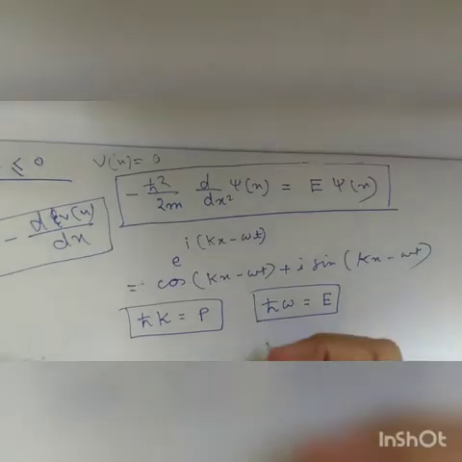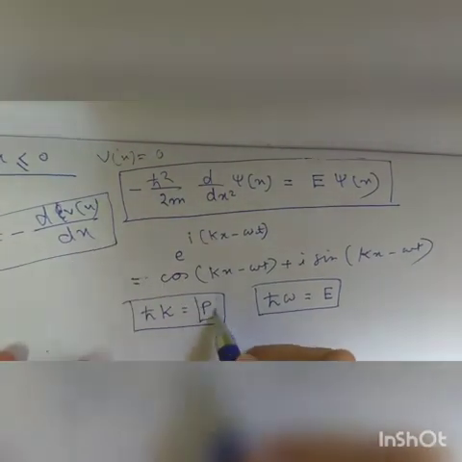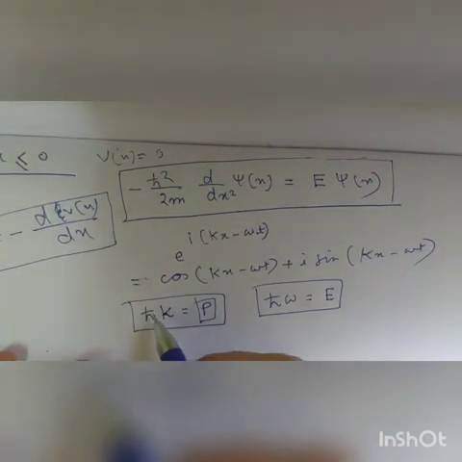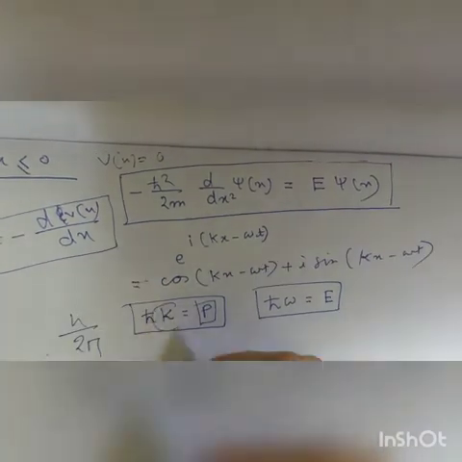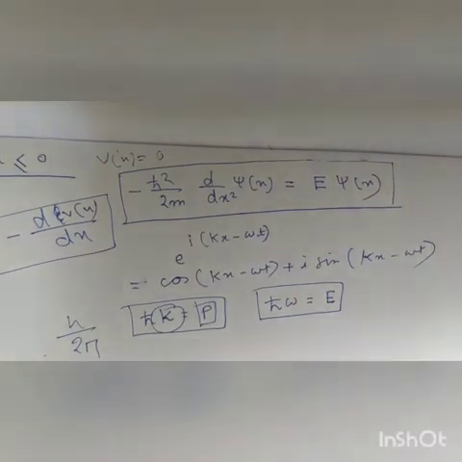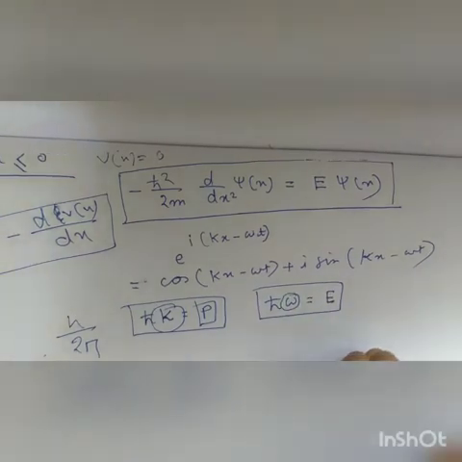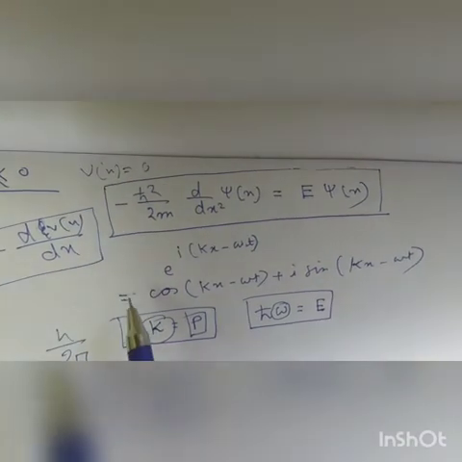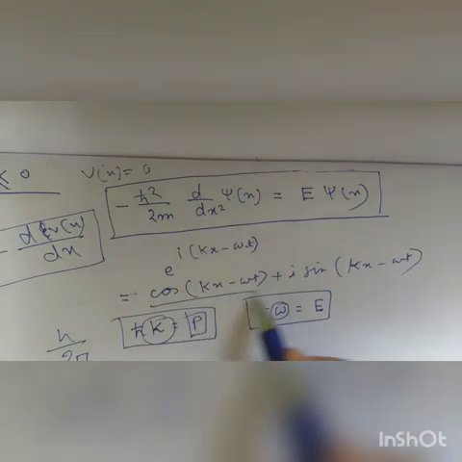For a free particle there will be no change in momentum, so p is constant. For p constant, h bar being constant, we get k constant here. Again energy is constant, so omega is constant. For a region where the potential is constant, we get the equation like this.